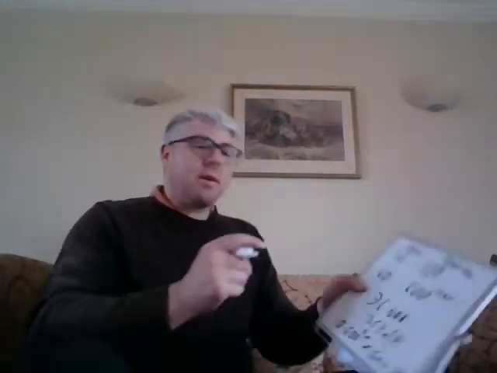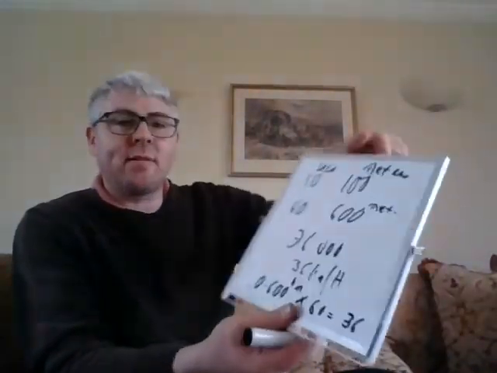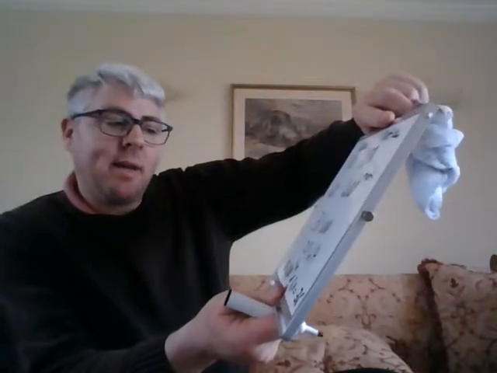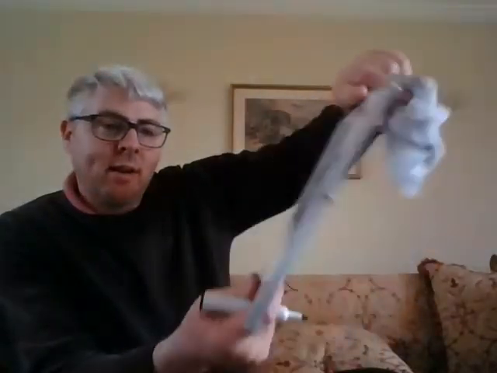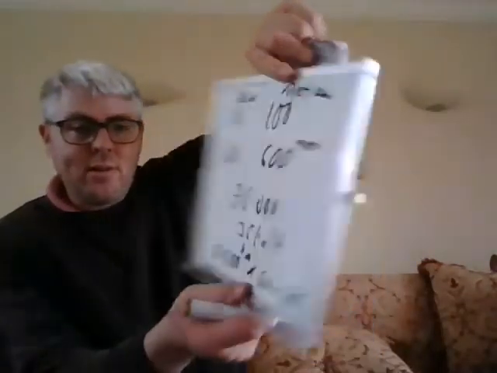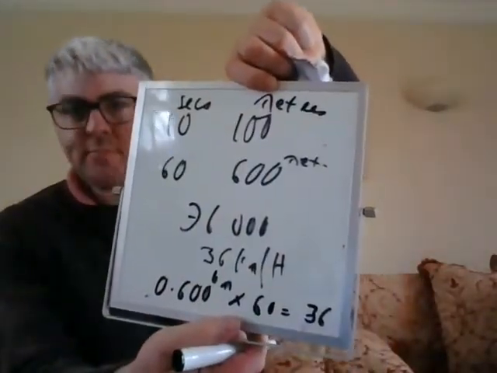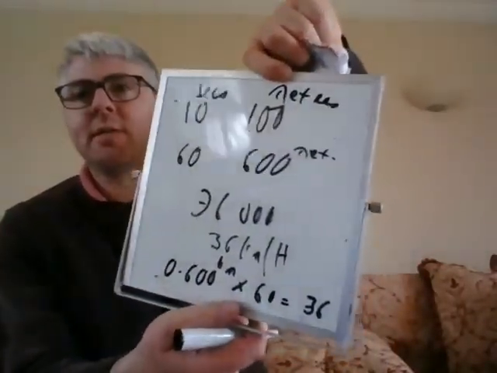So if you just do it in kilometres, 0.600 kilometres a minute, times 60 will get you 36 kilometres. So when they complete 100 metres in 10 seconds, they've gone 36 kilometres per hour. It's very quick, isn't it?